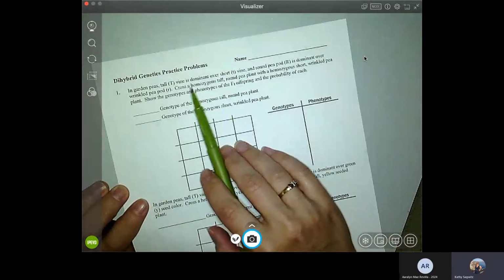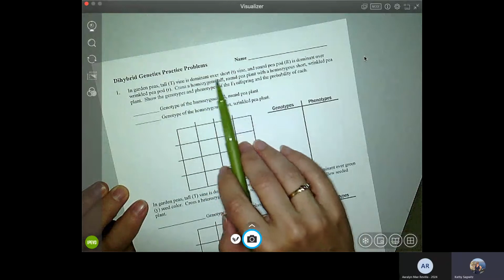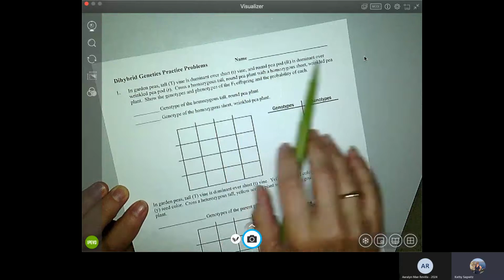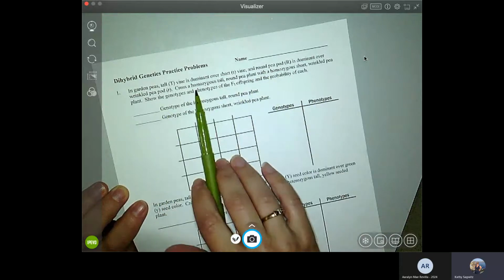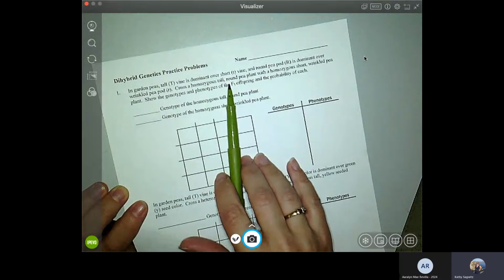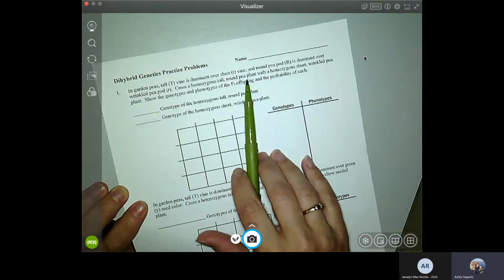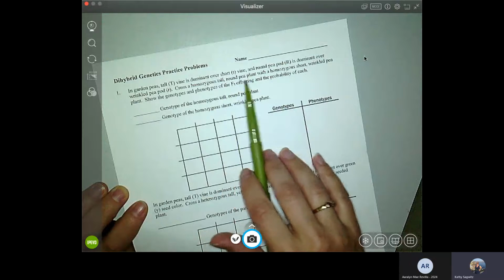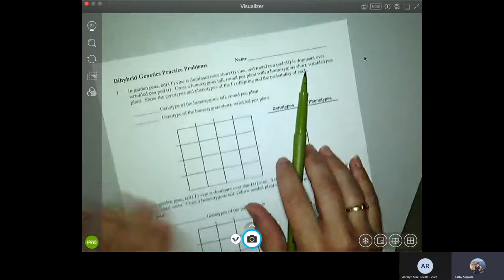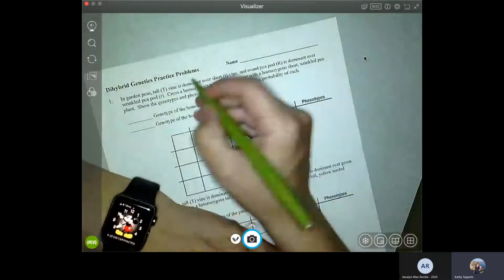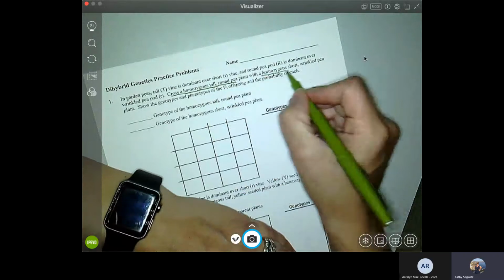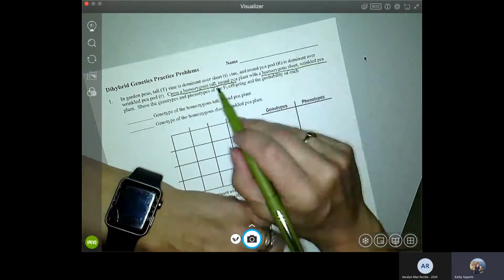In garden peas, tall vine is dominant over short vine, and round pea pod is dominant over wrinkled pea pod. Cross a homozygous tall round pea plant with a homozygous short wrinkled pea plant. So homozygous tall, round, and homozygous short, wrinkled.